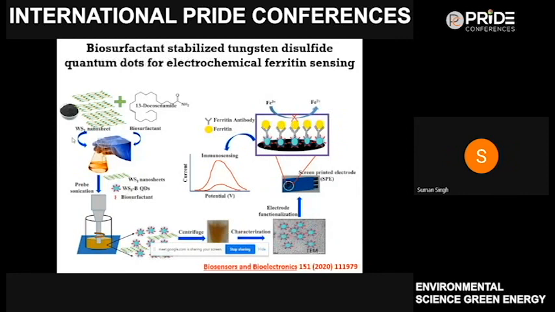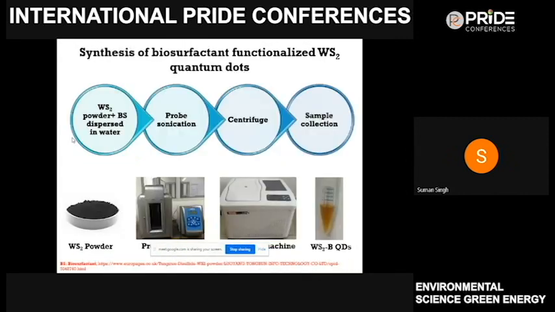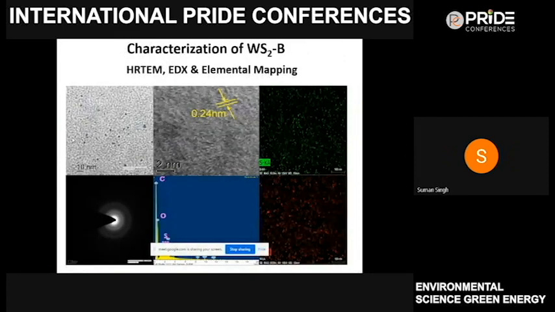Here also we used ferritin antibodies for detection of ferritin, with screen printed electrodes, which are easy to use. We monitored the immunocomplex formation in presence of ferro-ferricyanide. As mentioned, this is the synthesis of our material and its characterization, where we recorded HR-TEM, EDX, and did elemental mapping.